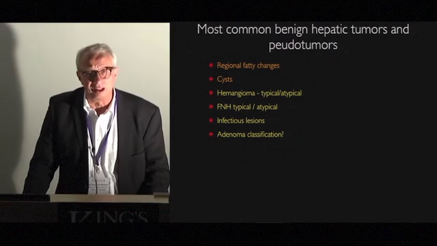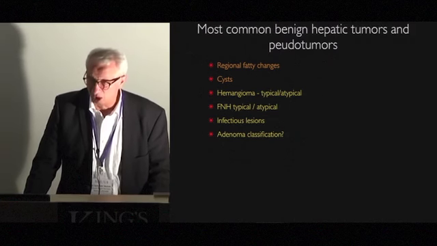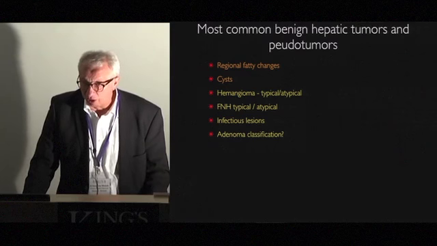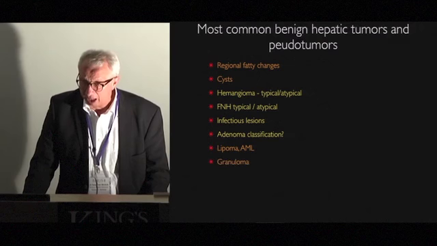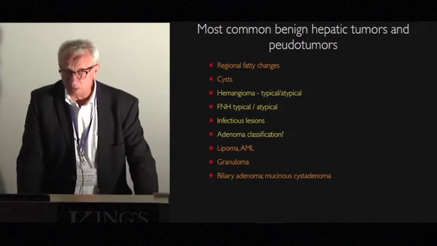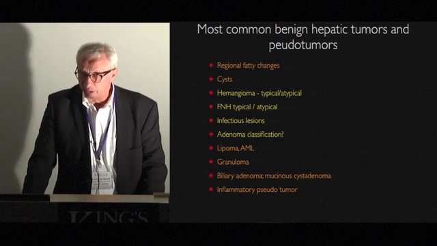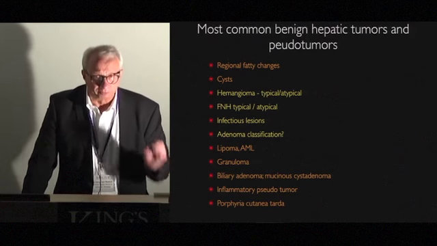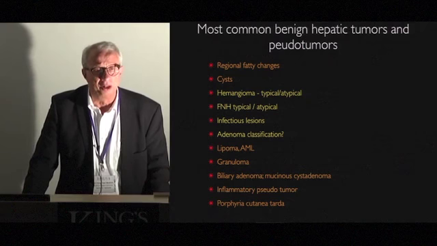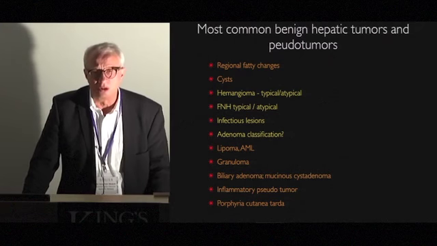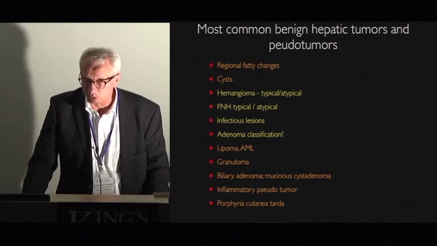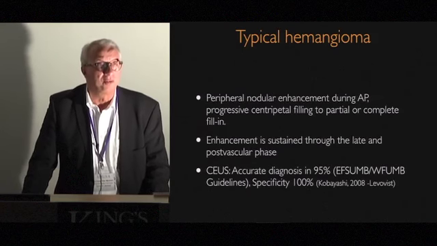Adenoma and the classification of adenomas is a huge discussion point among not only the ultrasound specialists. Lipoma, AML, granulomas, biliary adenomas, mucinous cyst adenomas, inflammatory pseudotumor, and porphyria cutanea: they may have echogenic lesions in the liver that enhance just like the liver, so you don't see any difference, or you cannot really characterize them by contrast. So I will not cover these ones, but let me start with the typical hemangiomas.